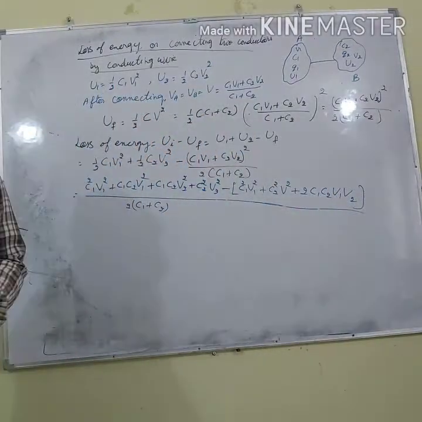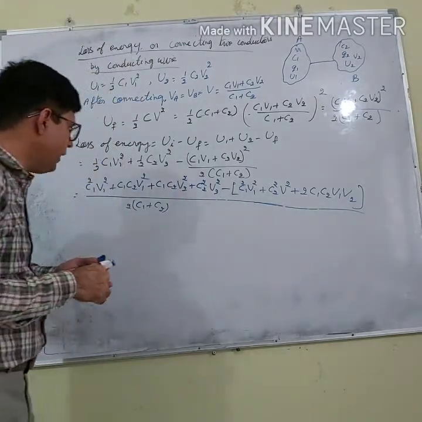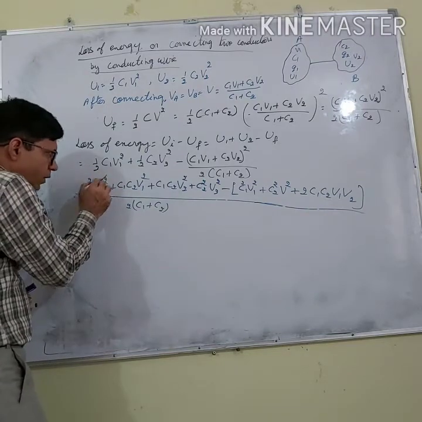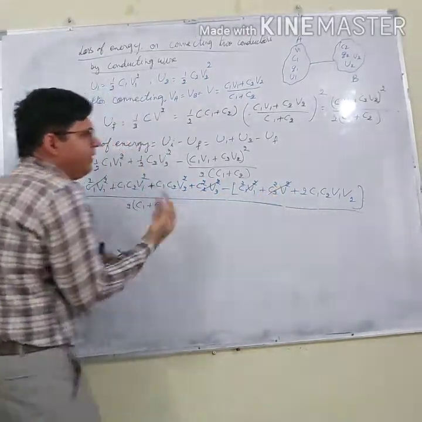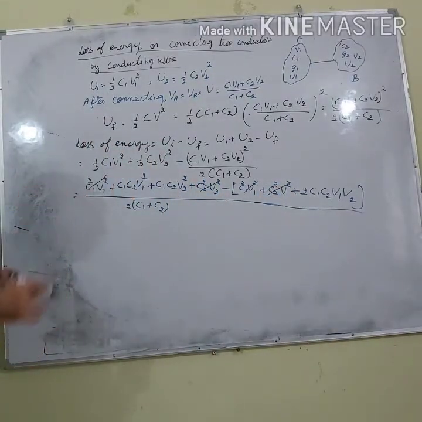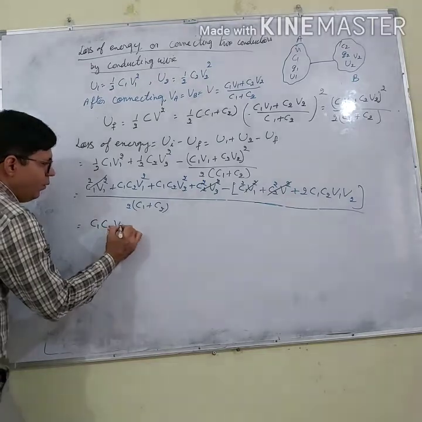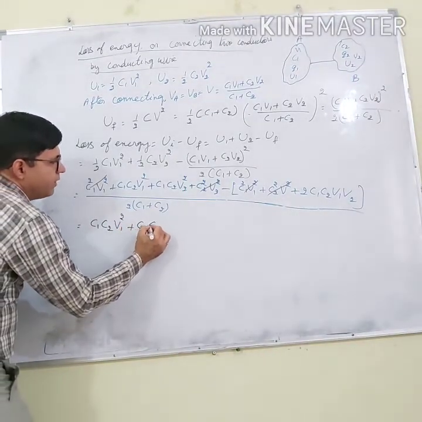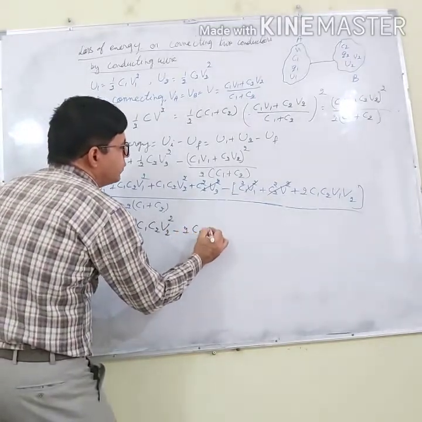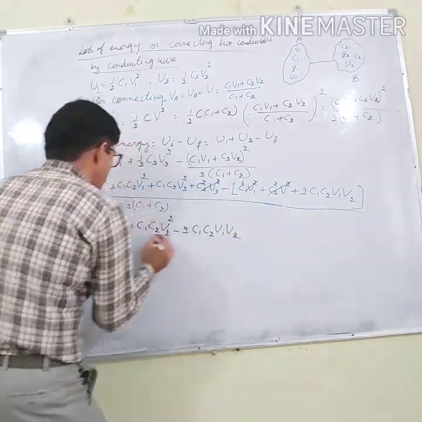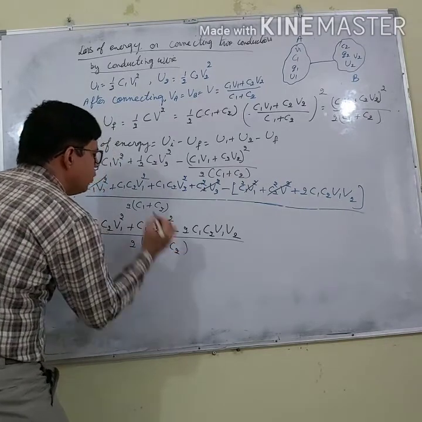Just simply (A plus B) whole square is A square plus B square plus 2AB. I have used this. Now what are the common terms? C1 square V1 square, let's cancel that. It will be simplified, so I have to write fewer terms here because the negative sign is there before the brackets. Now I can write it as C1 C2 V1 square plus C1 C2 V2 square minus 2 C1 C2 V1 V2, divided by 2(C1 plus C2).